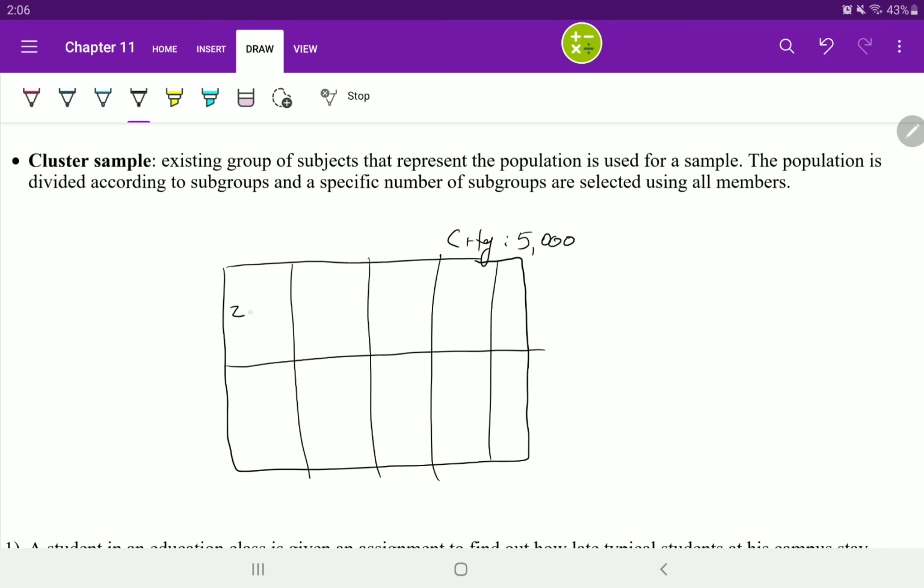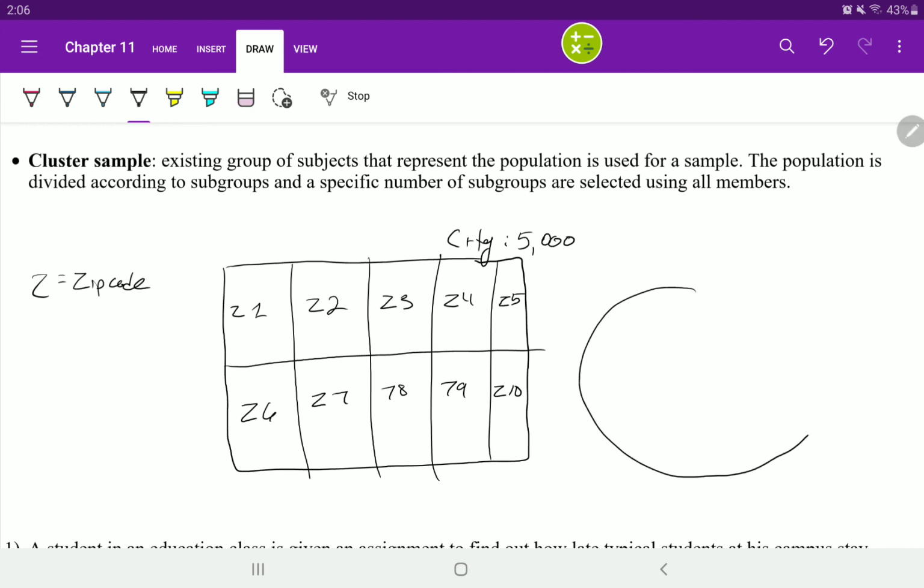So Z1, Z2, Z3, Z4, Z5, Z6, Z7, Z8, Z9, Z10. When I say Z, I'm representing zip codes. So it's based on existing groups, which are zip codes. Out of that, I'm going to pick 4 groups at random.